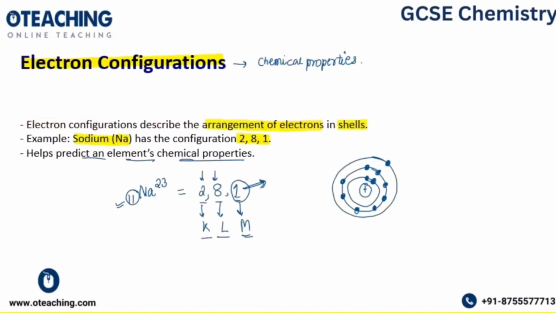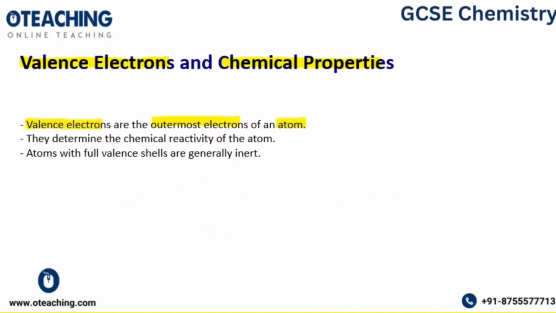If I talk about sodium, the electron which is present in the last shell is the valence electron. And how many valence electrons are there? Only one. Valence electrons are those present in the outermost shell. They determine the chemical reactivity of the atom.